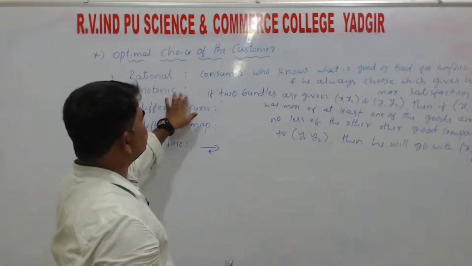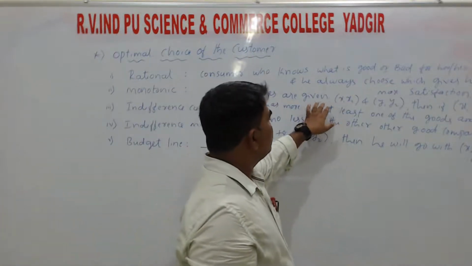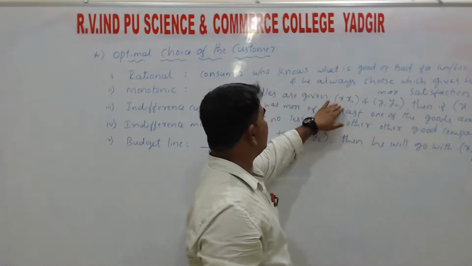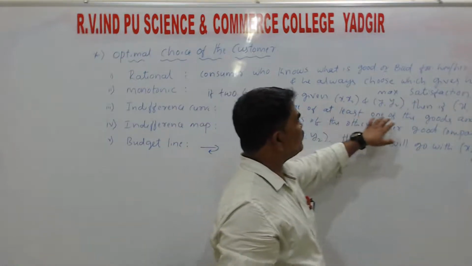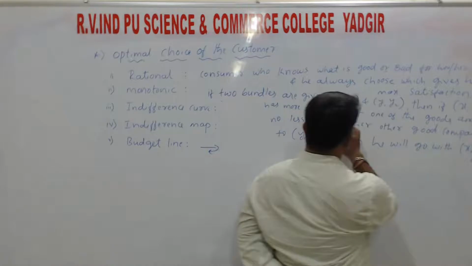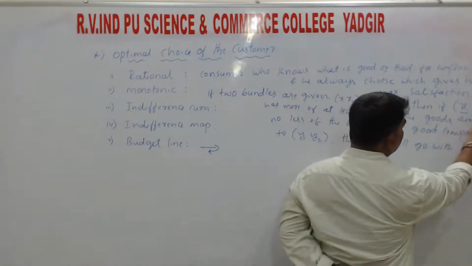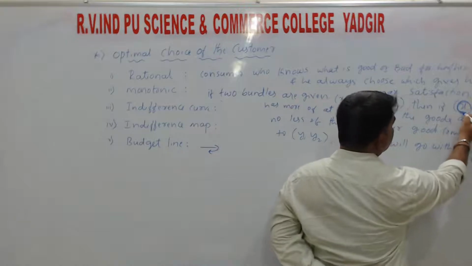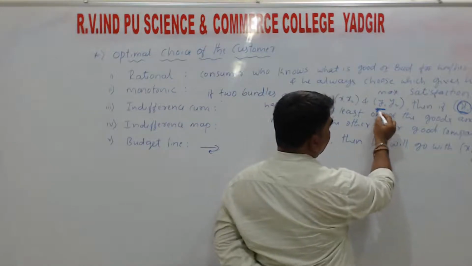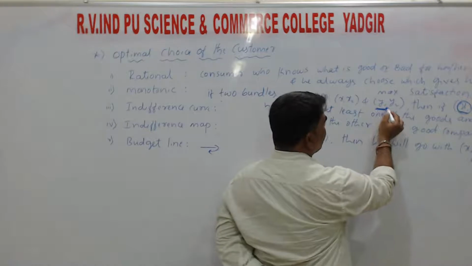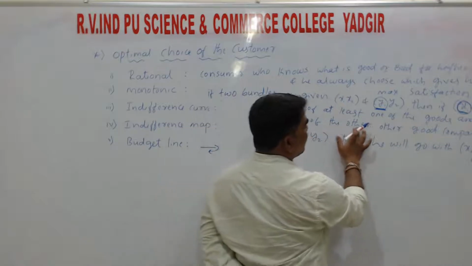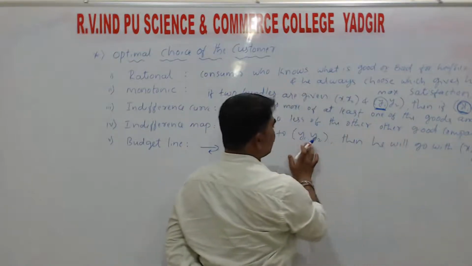So monotonic preferences means if two bundles are given, X1, X2 and Y1, Y2, and the X1, X2 bundle has more of at least one of the goods, and no less of the other good compared to Y1 and Y2.